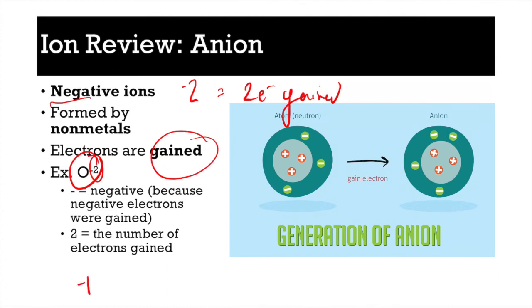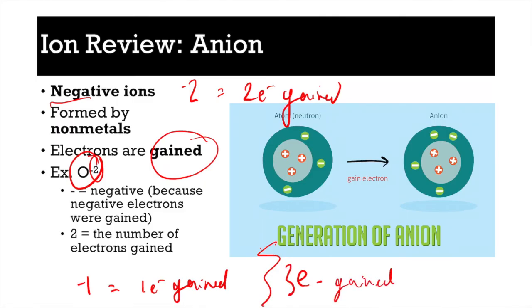What would minus 1 mean? Hopefully you said 1 electron gained. And if we had 3 electrons gained, what would that be? That would be 3 minus. Again, minus tells you electrons are gained, the number tells you how many are gained.